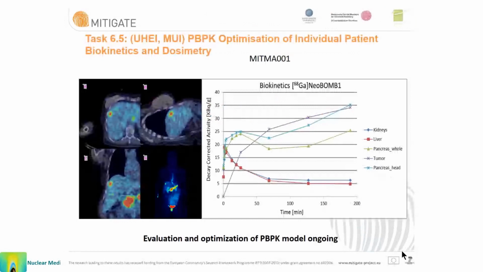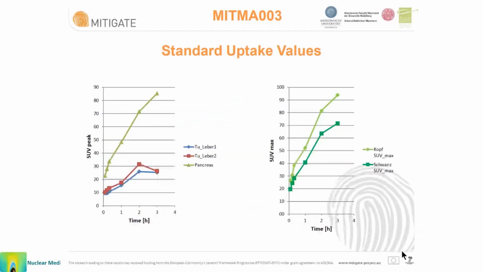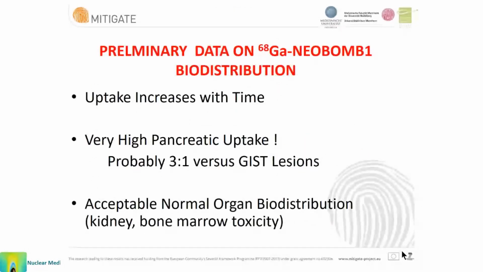Regarding tumor uptake, it is sufficient or seems to be sufficient, but in all patients so far we have also seen high pancreatic uptake. And the ratios between pancreas and liver, for instance, as shown here for the caput pancreatis, seem to be high and perhaps frightening when we think of radionuclide therapy. But on the other hand, the first study, Mitigate, has shown that we have acceptable organ biodistribution despite the very high pancreatic uptake.